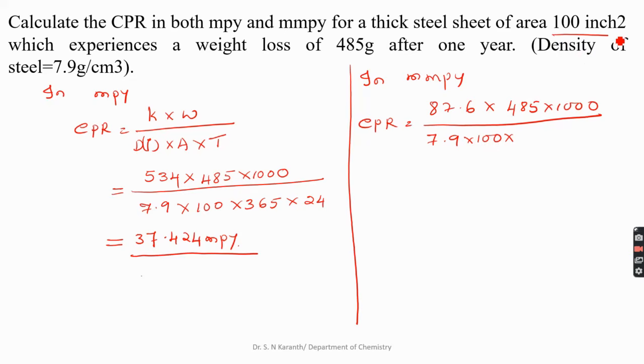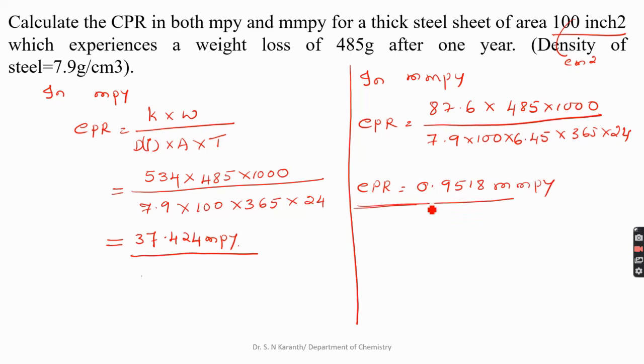It is in inch square, converted to centimeter square, so that it becomes 100 into 6.45 into 365 into 24. So after calculation of this, I got 0.9518 Mmpy. This is the CPR.